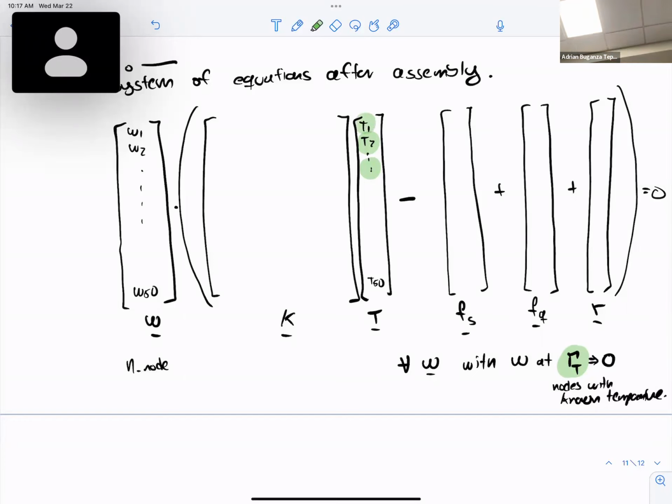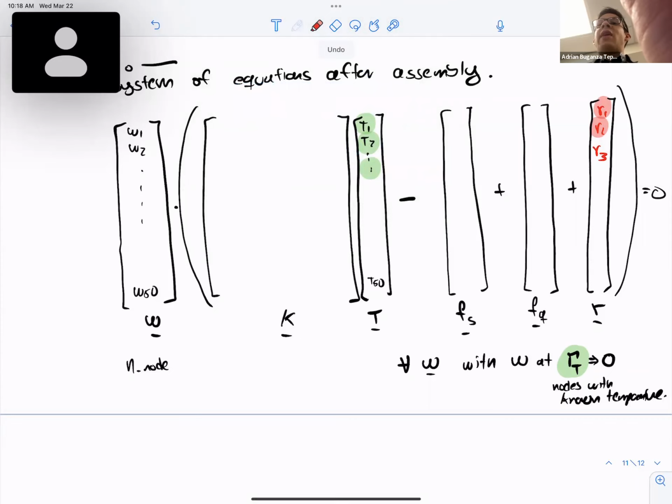Depending on how you arrange your mesh, you can name your nodes such that the first few nodes are the ones with known temperature. So they all appear at the beginning. That depends on how you number your mesh. For those nodes, we don't know the reactions. This is the same as in the 1D case, right?